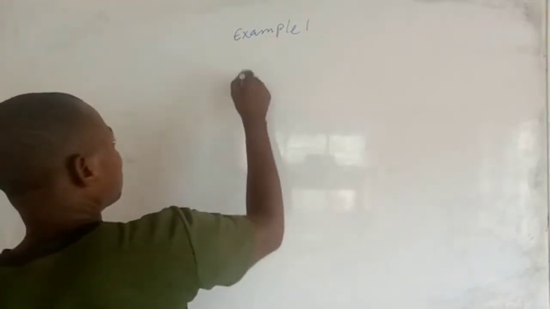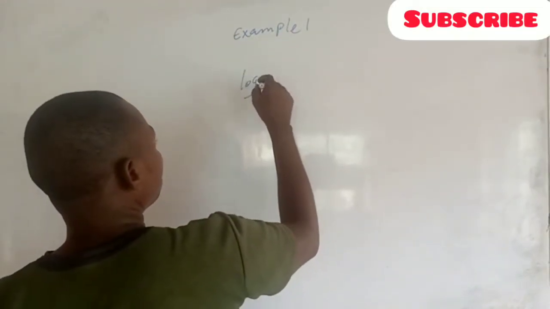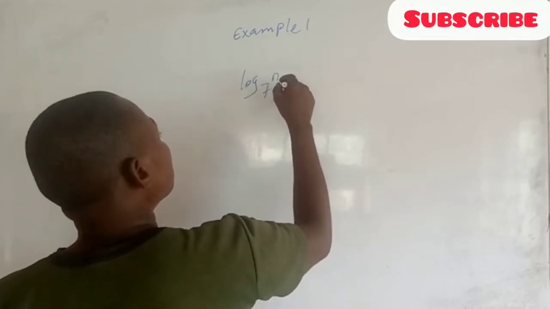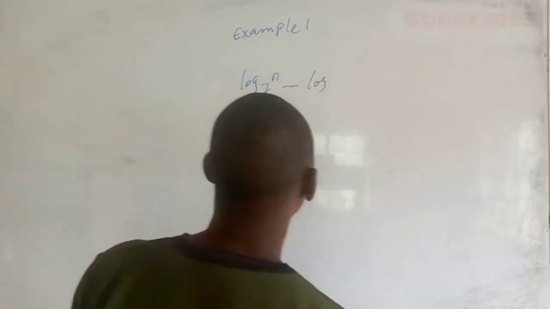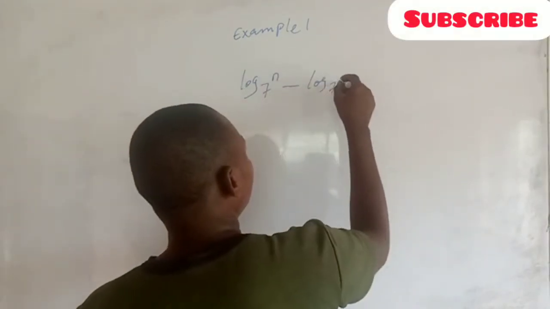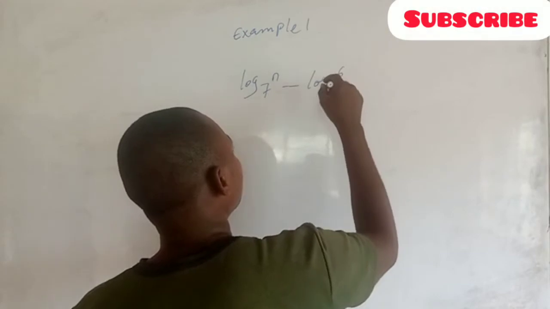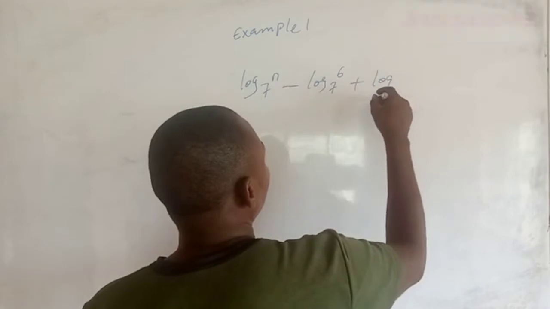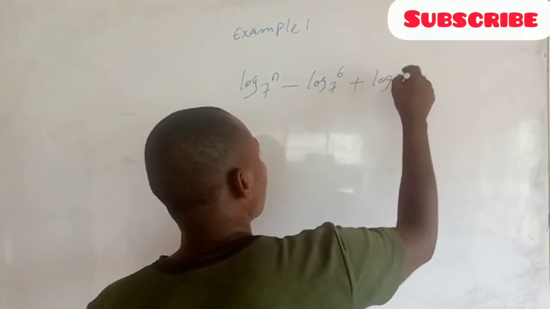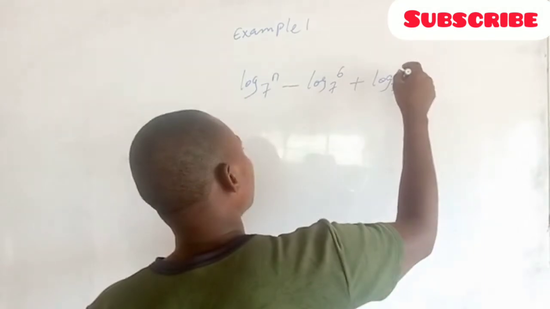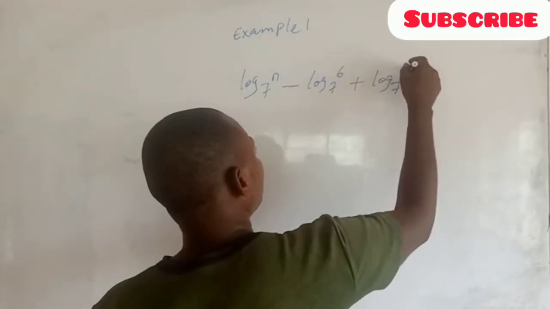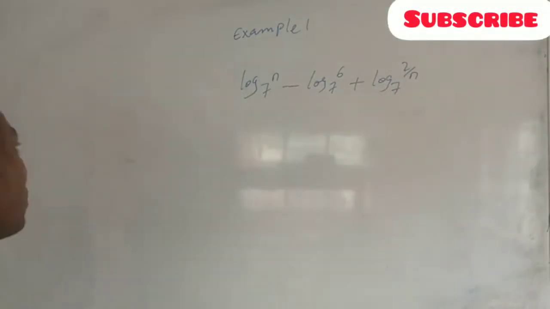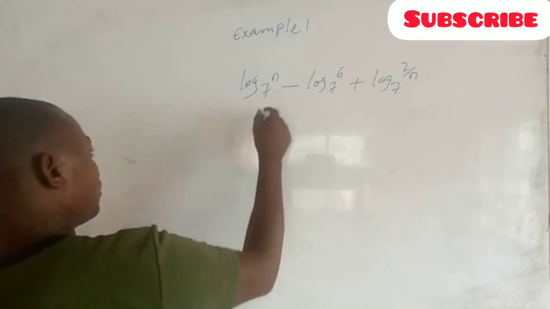So we have log 7 raised to n minus log 7 raised to the power 6 plus log 7 raised to the power n squared over n. So solution.